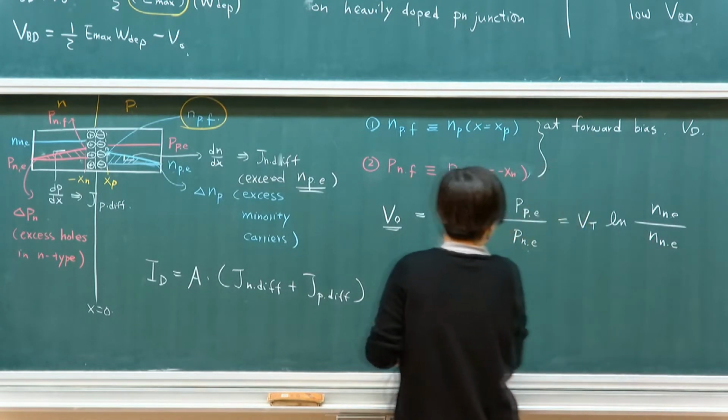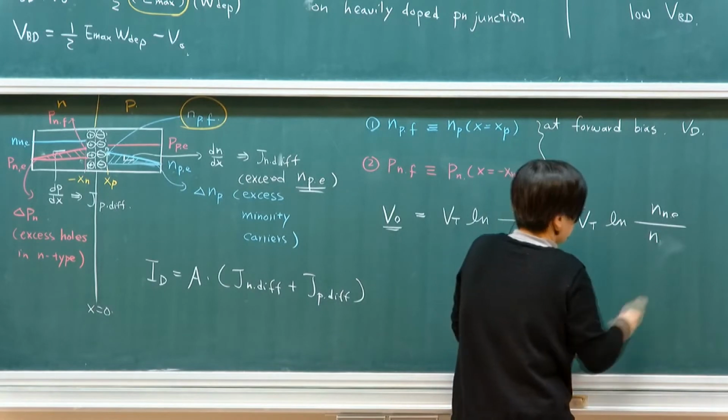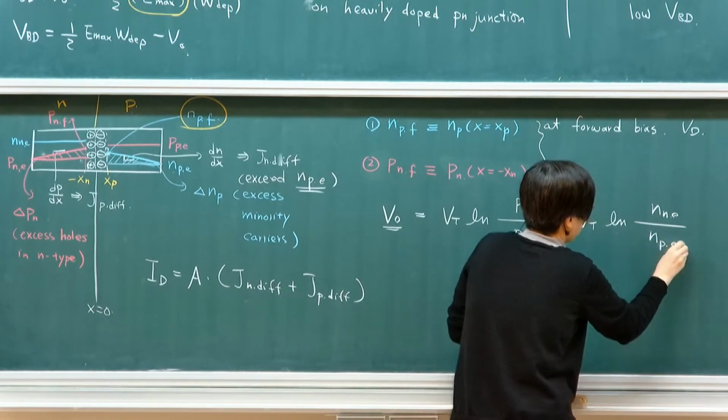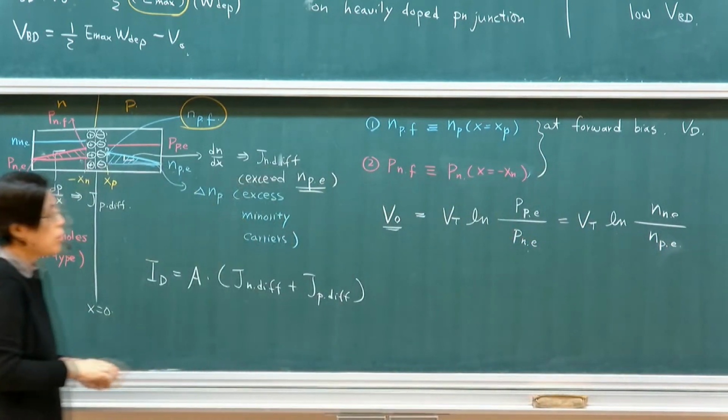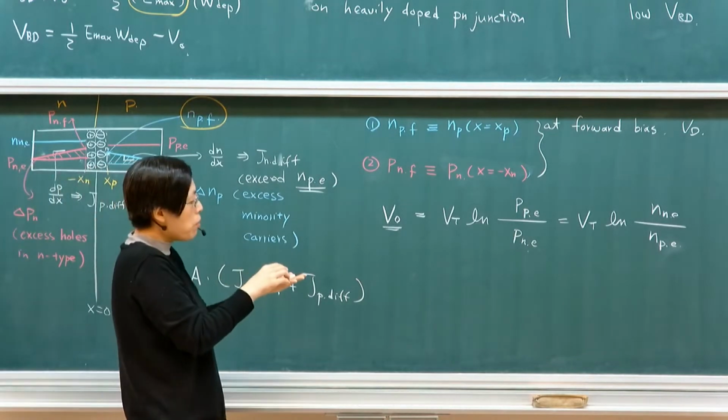Sorry, I made a mistake here. It's P. Okay? Remember, the point of having this built-in potential is to counter the difference in carrier concentration, the diffusion force. This is the counter diffusion force. So this should be true.